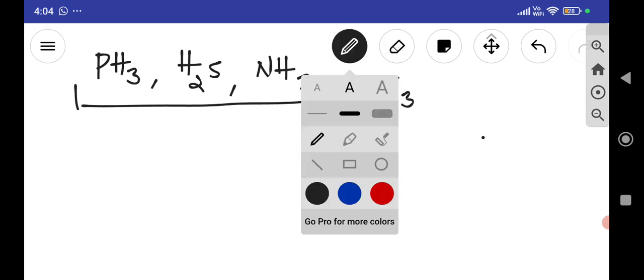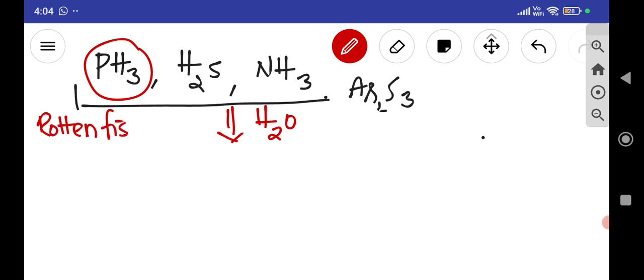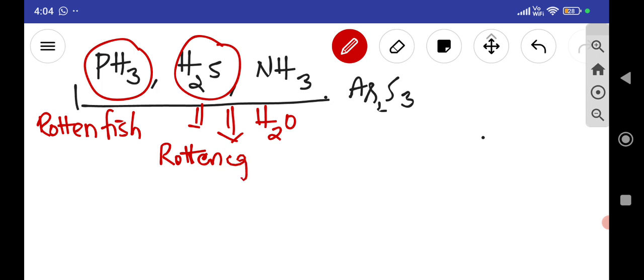Now how do we purify this? To this add water. And one more important thing, what is the smell of PH3? It is a rotten fish smell. So PH3 gas has a rotten fish smell and H2S has a rotten egg smell. So for one more question you can remember this.